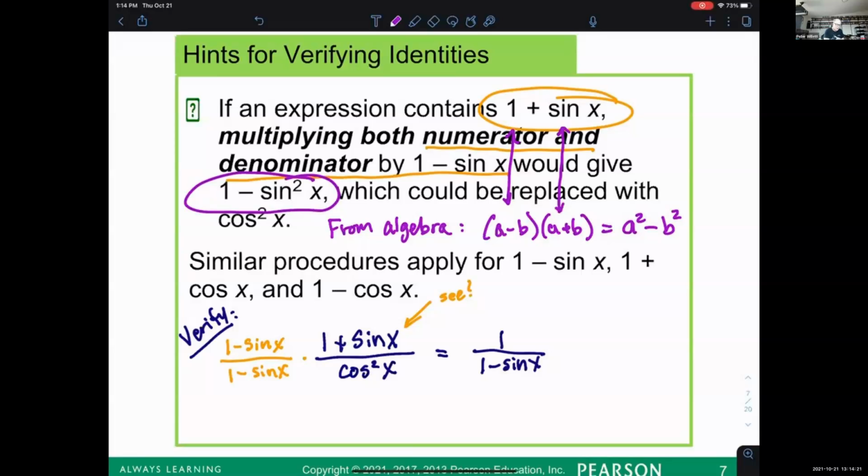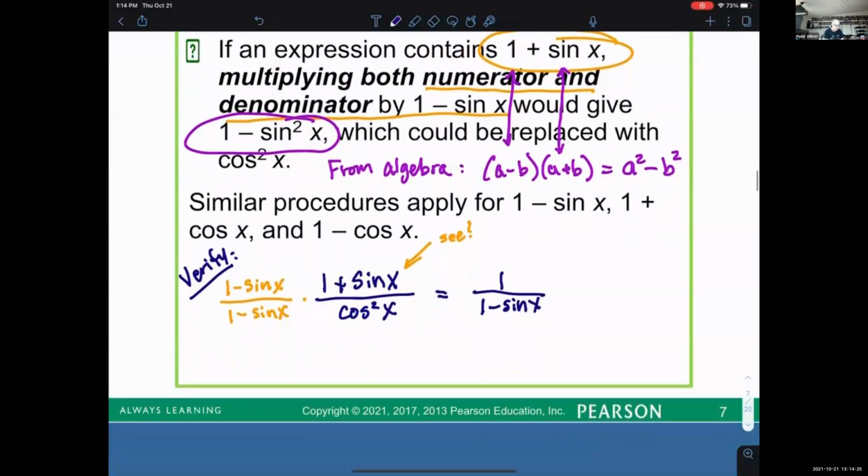So in the problem I have below, by this recommendation I set up this pattern at the top where I have a minus b times a plus b, so I get a squared minus b squared. And specifically in this problem, 1 minus sine x times 1 plus sine x is 1 squared, which is 1, minus sine x squared, or we write it as sine squared x.